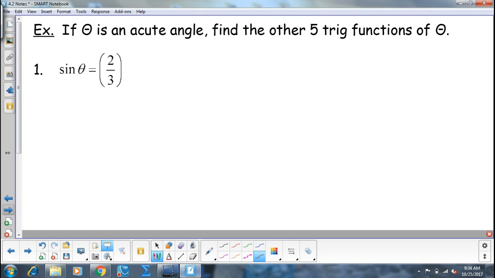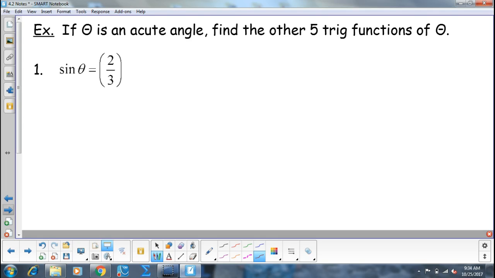So back into this one now. Which quadrant are we in? We're in quadrant number 1.